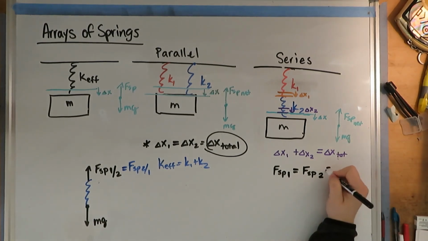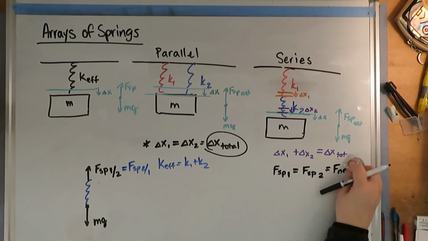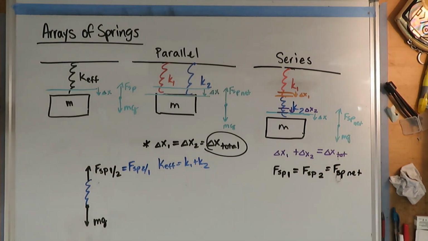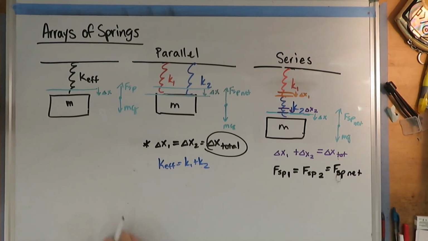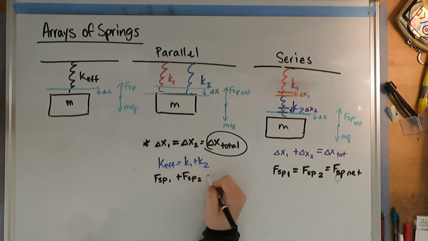And that actually also then has to equal the net spring force. Whereas over here, in the parallel case, we said spring force 1, I erased that part, plus spring force for the second spring has to add up to equal our spring force net.